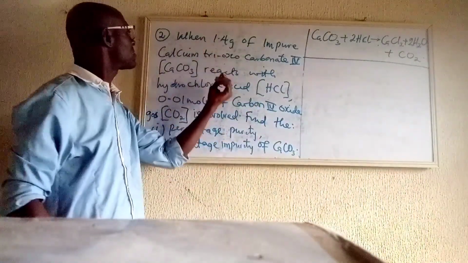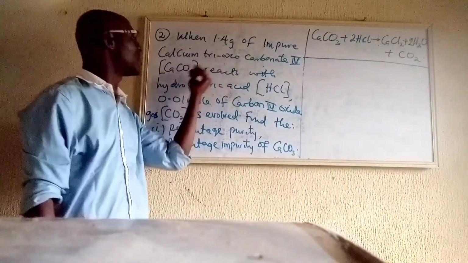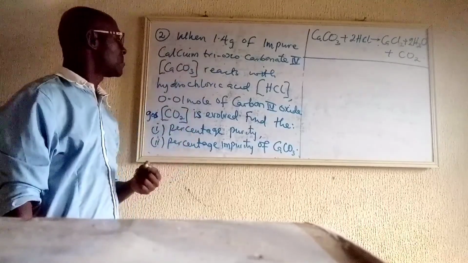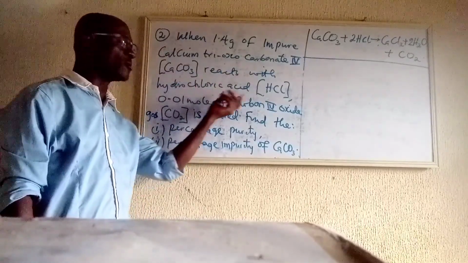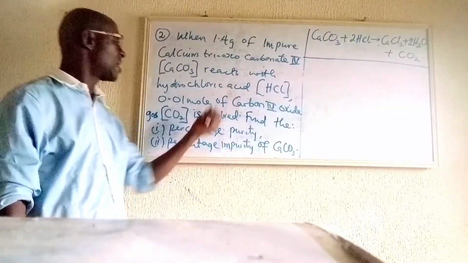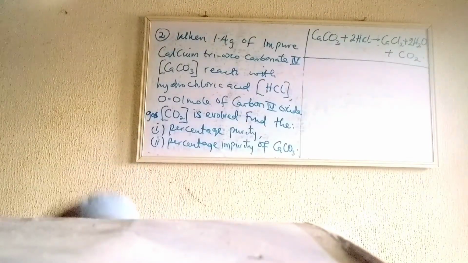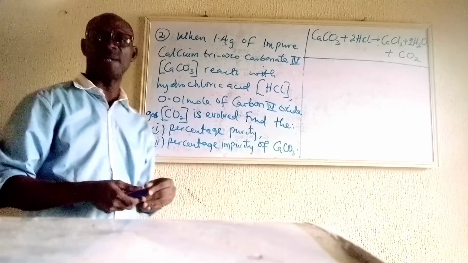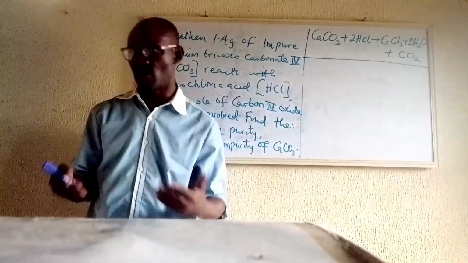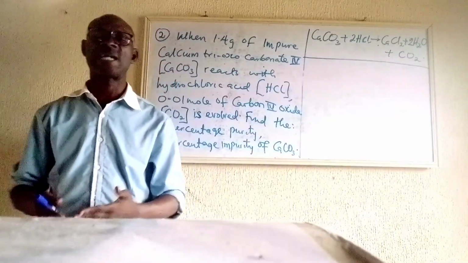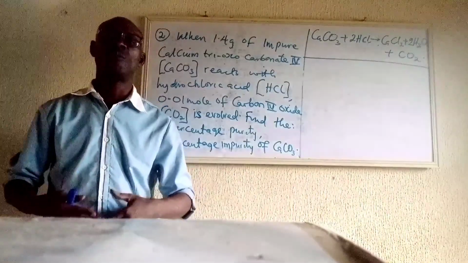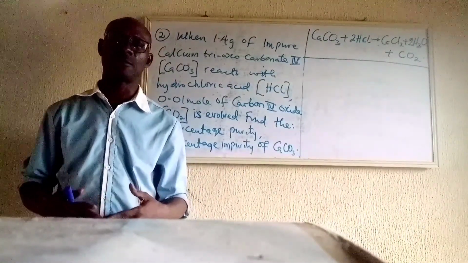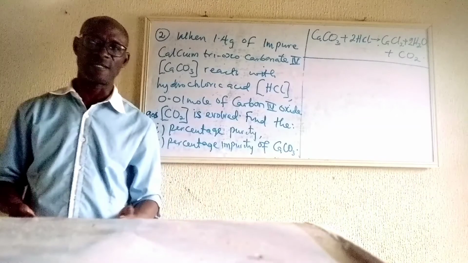We are given impure calcium trioxocarbonate(IV) to react with hydrochloric acid, and carbon(IV) oxide gas is liberated. Of course, anytime an acid reacts with a trioxocarbonate(IV), carbon(IV) oxide is always liberated. That is one of the major tests for an acid.